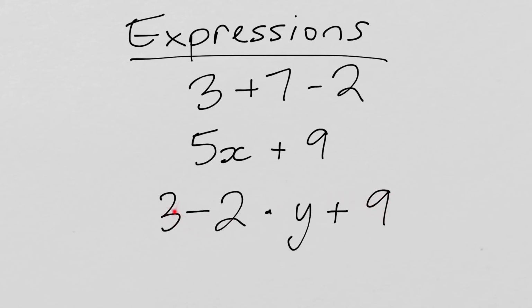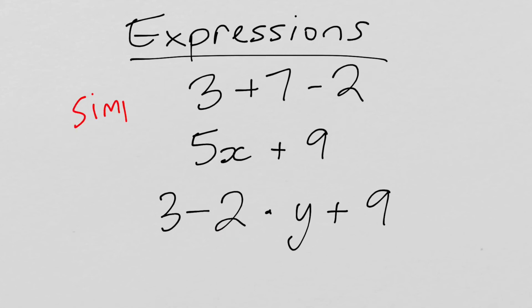Now, there's no way to simplify these, at least there's no way to get down to a single number, because we don't know what the x and the y are equal to, because the one thing that's missing from these expressions is an equal sign, right? And that's why they're expressions. We can't solve expressions, we can simplify expressions.